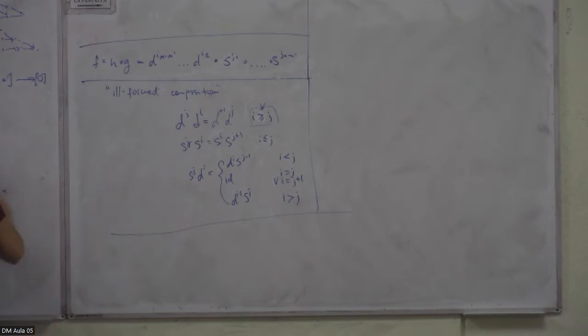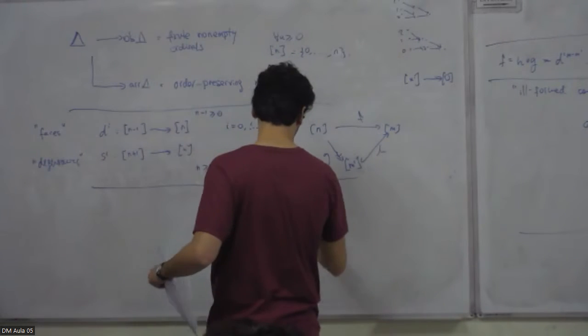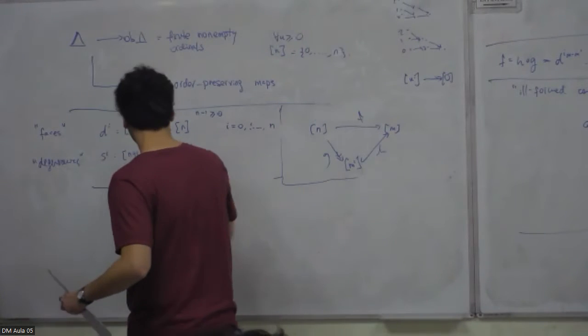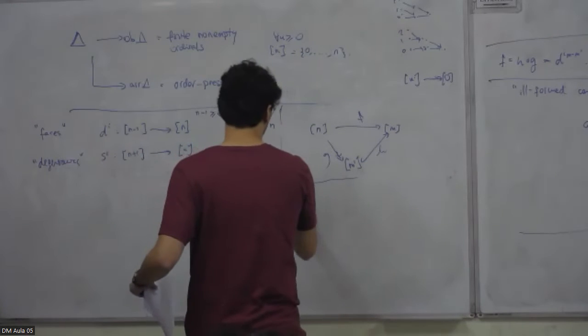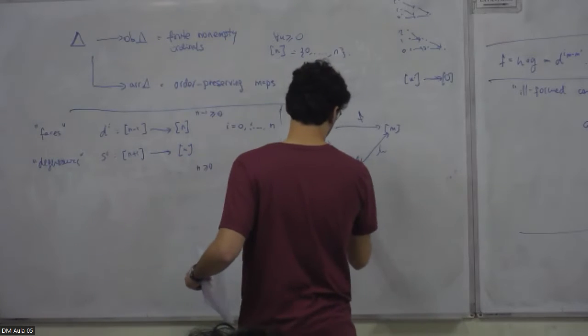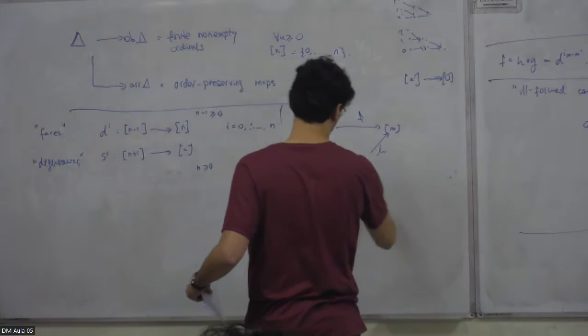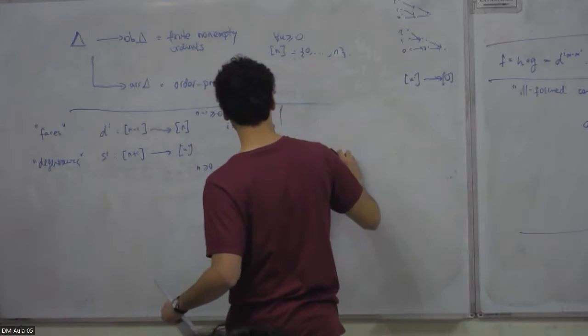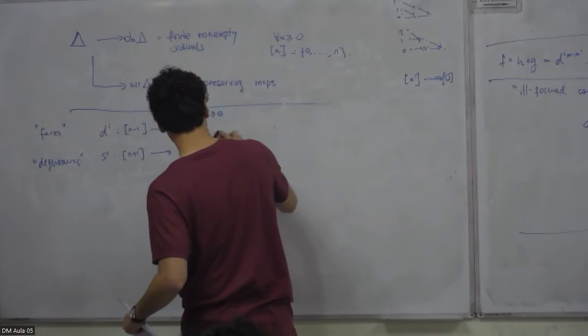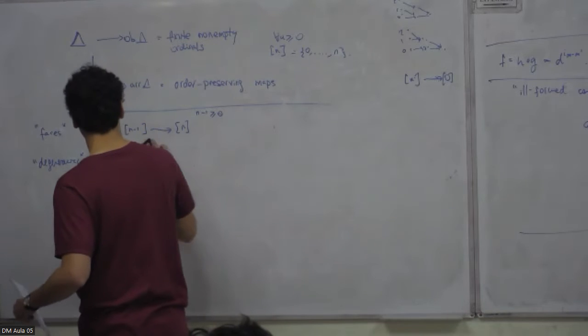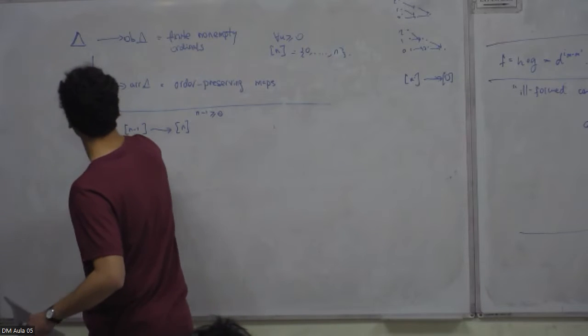So I was saying a simplicial set is basically a contravariant functor from the simplex category to the category of sets, and more generally, a simplicial object in some category C is a contravariant functor from the simplex category to the category C of interest. But in this talk, we will be mainly concerned with the case of sets, of simplicial sets.